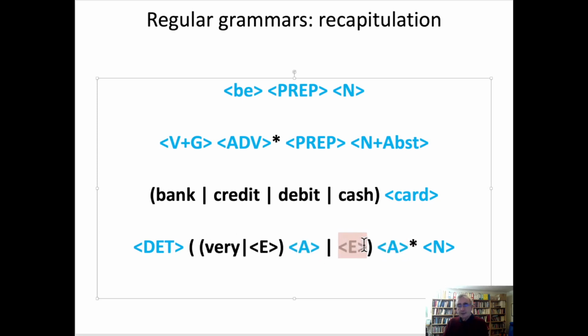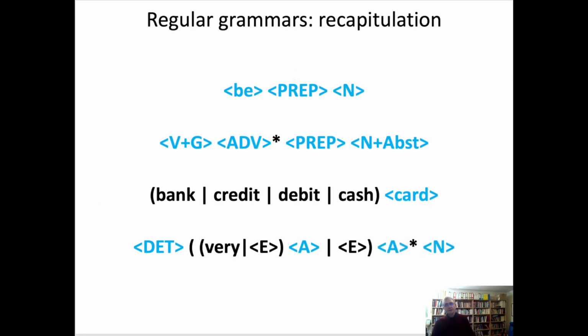It's optional, right? But you could also have another adjective which is preceded by the word very. So this grammar would recognize something like the very little red pencil.